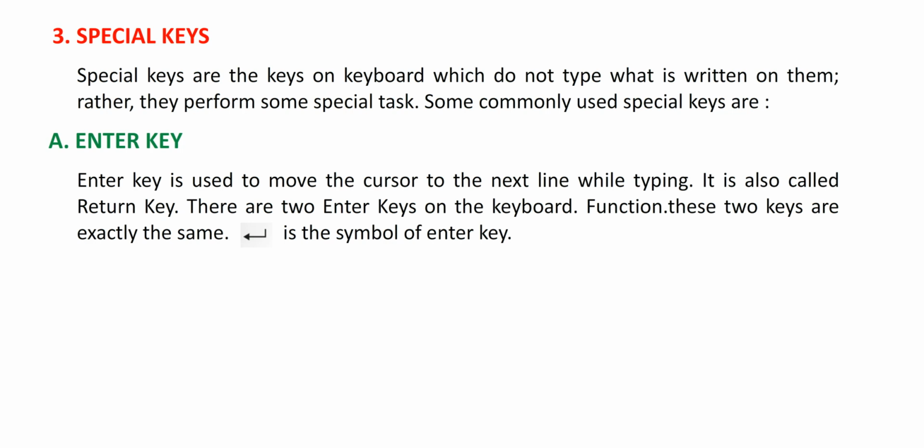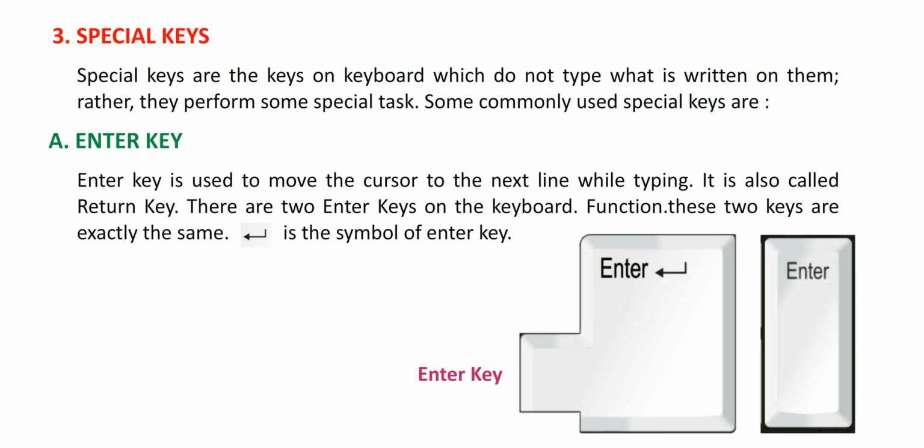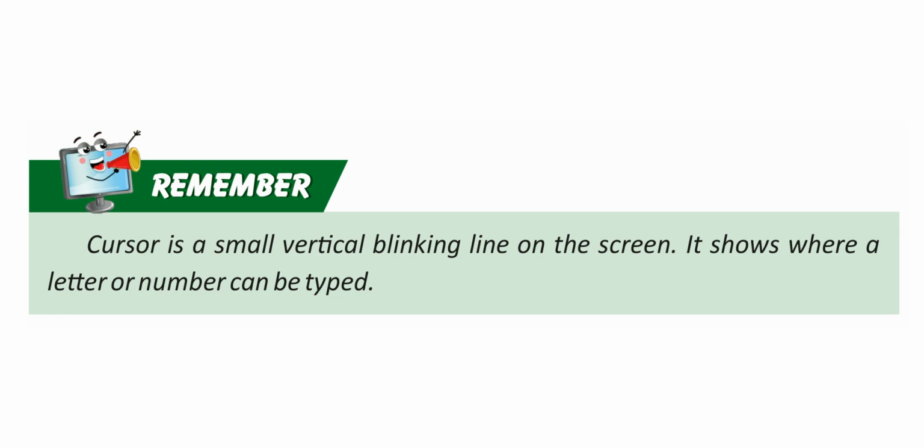There are 2 Enter keys on the keyboard. Functions of these 2 keys are exactly the same. Right bended arrow is the symbol of Enter key. Remember, cursor is a small vertical blinking line on the screen that shows where a number or letter can be typed.